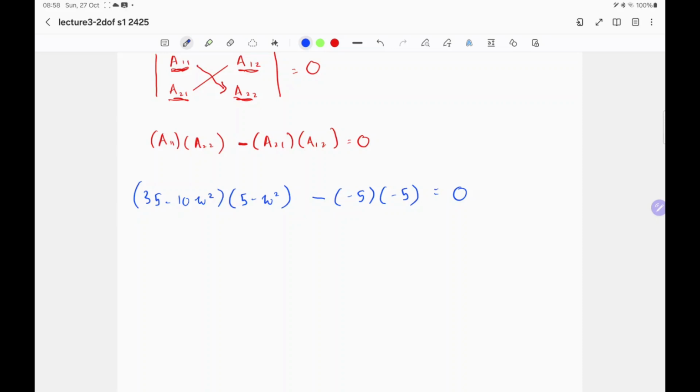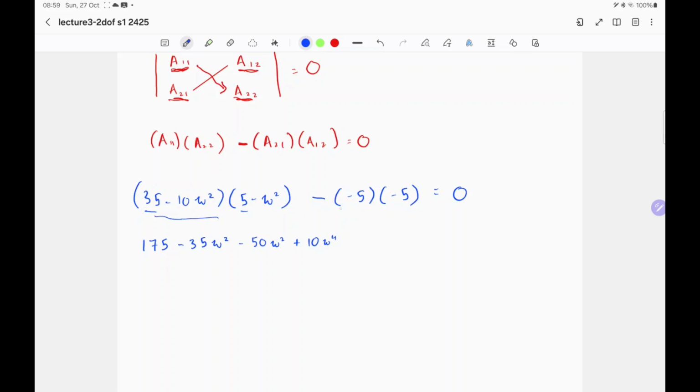So 35 times 5 is 175, minus 35 omega squared, minus 50 omega squared, plus 10 omega to the power of 4.